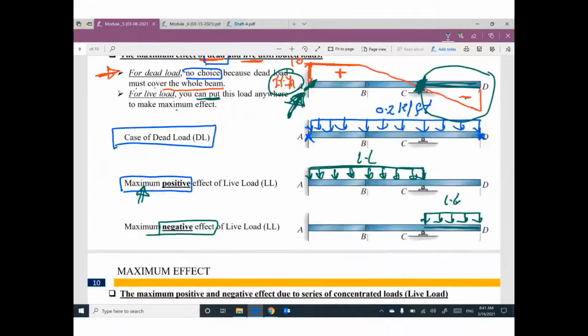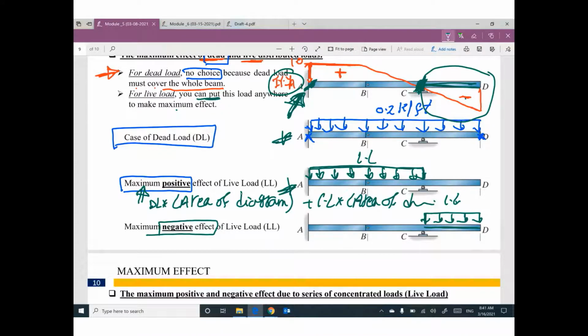Just a reminder: once you set up where to put the dead load and the live load to get the maximum effect, the dead load value will be multiplied by the area of the diagram, plus live load times the area of the diagram. Which area? The area of the diagram covered by dead load.